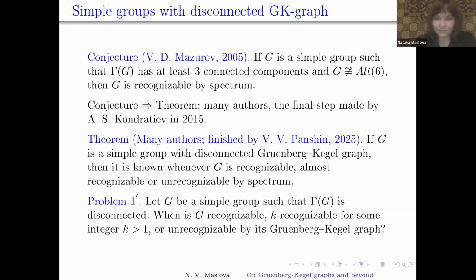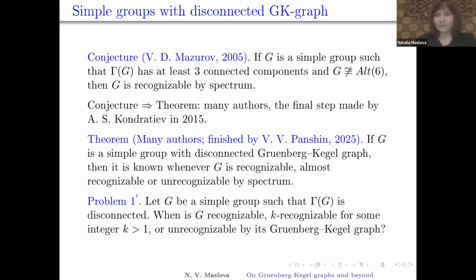If we take a simple group with at least 3 connected components of Gruenberg-Kegel graph, or disconnected Gruenberg-Kegel graph, then define whether this group is recognizable, almost recognizable, or unrecognizable by Gruenberg-Kegel graph.